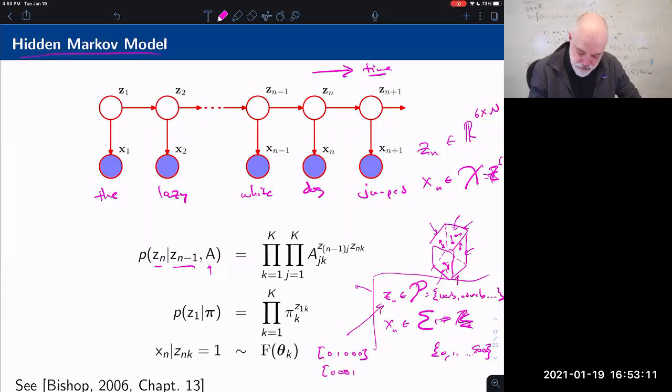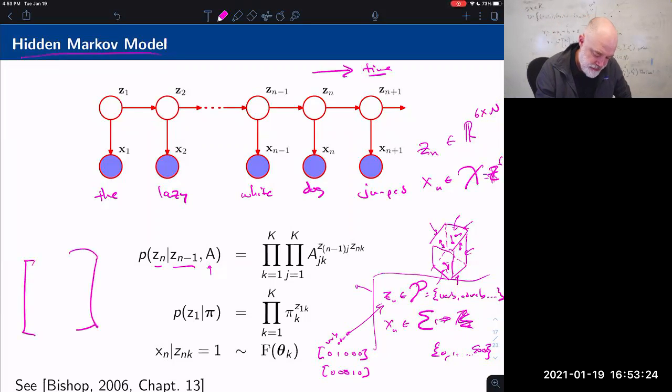Such that Z lives in a space that looks like that for verb, adverb, whatever. We have this matrix A, which describes how likely it is to transition from one latent state to another.